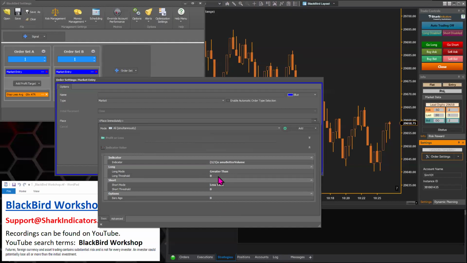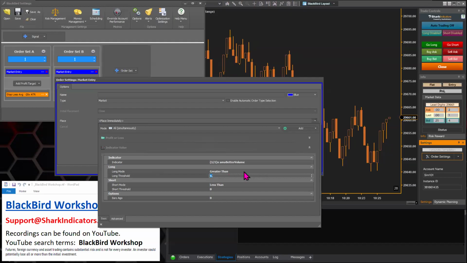If it's false, it'll be 0. So obviously true is greater than 0. Either way, however you like to read it. I think most people would like to just say, okay, if it equals 1, then I know it means true. Same thing for the short there, equal to 1. So that's how you would check whether an output is true or false there.